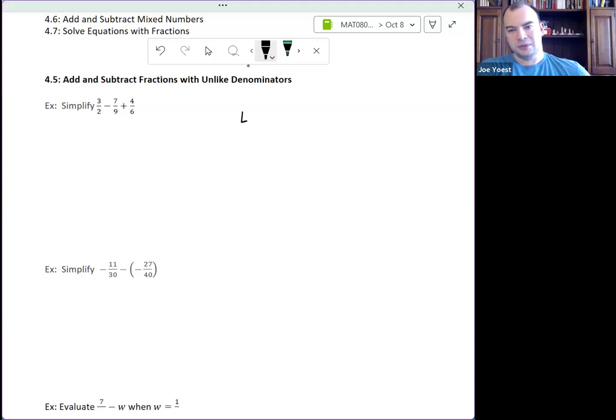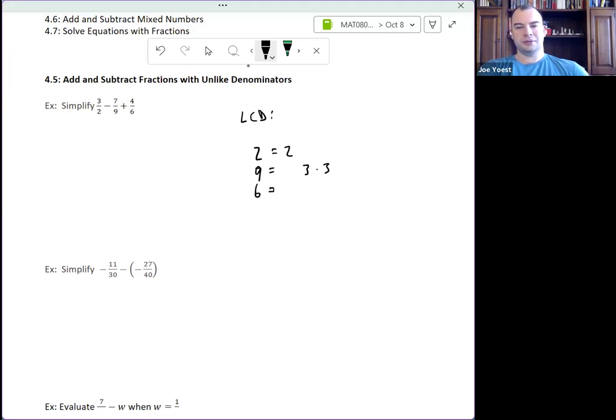And what's our goal? We want to find the LCD, which is the LCM of the denominators, the least common multiple of 2, 9, and 6. And remember, to find the least common multiple, we first write out the prime factorization. Well, 2 is just prime, so it's just 2. 9 is 3 times 3.